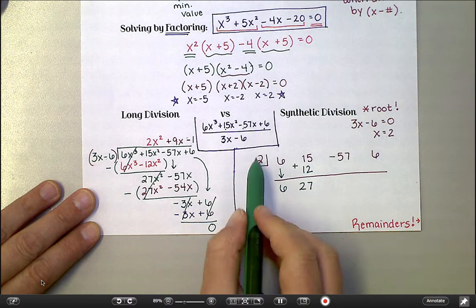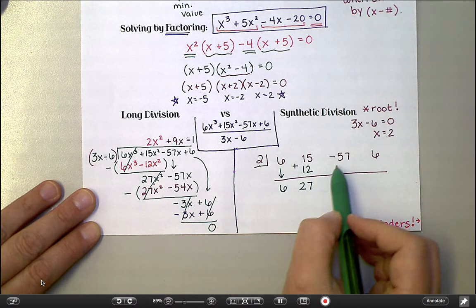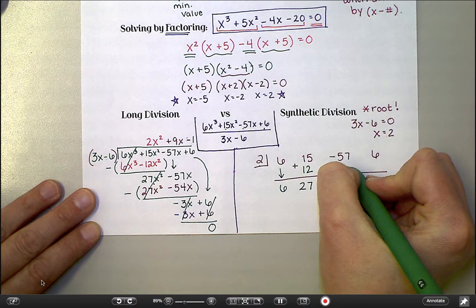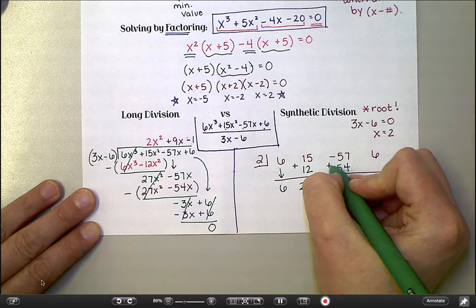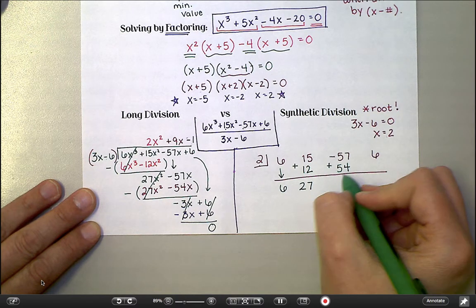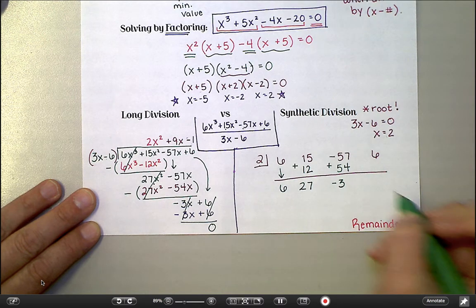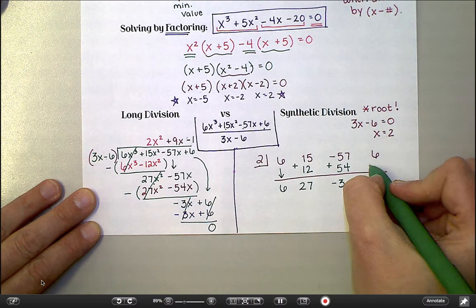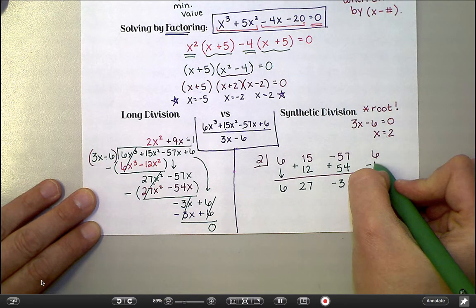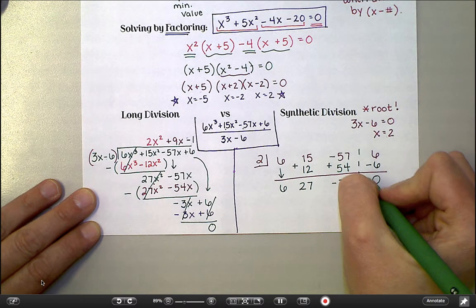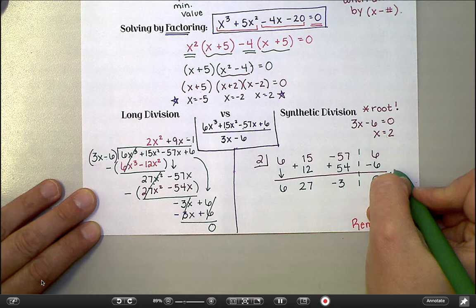2 times 27 is 54, so 54 is going here, and negative 57 plus 54 gives me negative 3. And then 2 times negative 3 is negative 6, and negative 6 plus 6 is 0. And that's good because this here is my remainder this time.